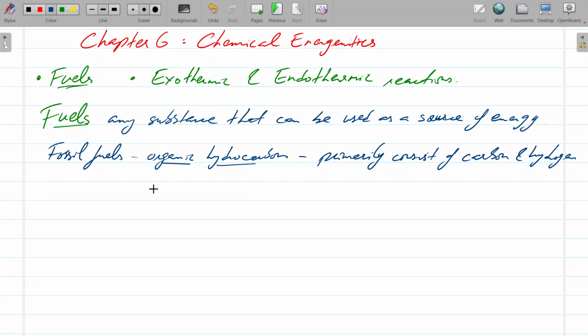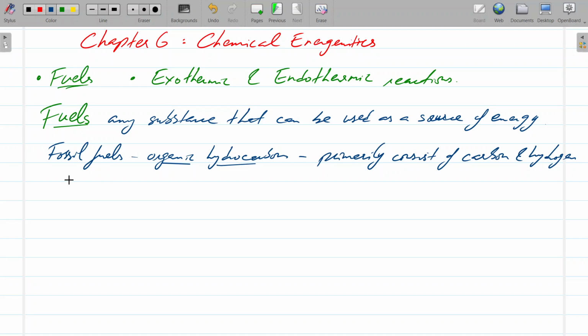So fossil fuels are the kind of fuels that are used today, right? And they are actually the remains of plants and animals. They're derived from the remains of plants and animals that died over 200 million years ago, right?